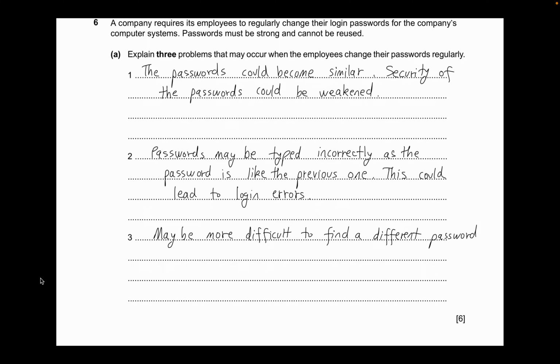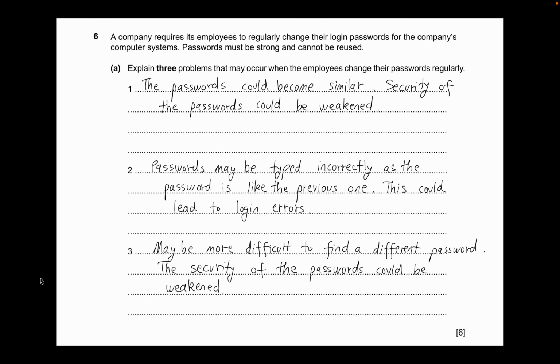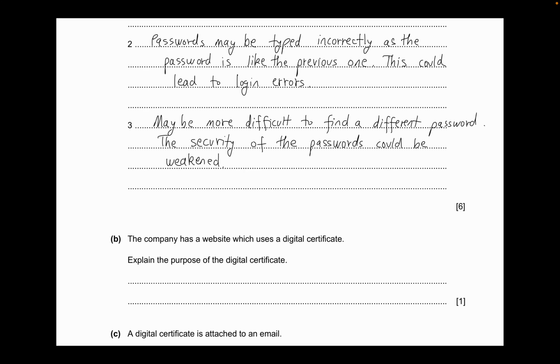Okay, to find a different password. So that means, again, the security of the passwords could be weakened again. Okay, so these are some of the 3 points that you can write for the 6 marker.